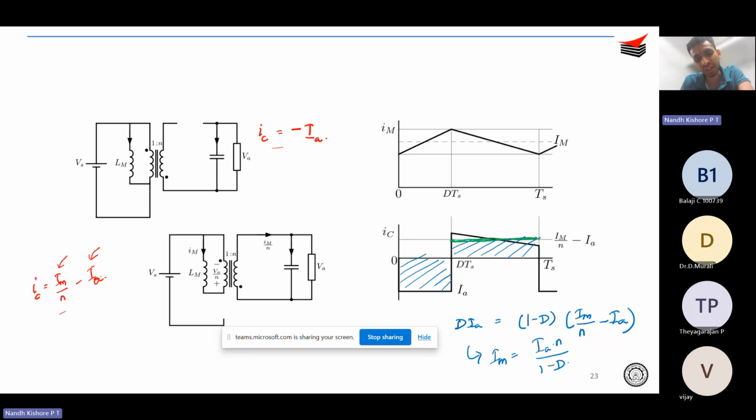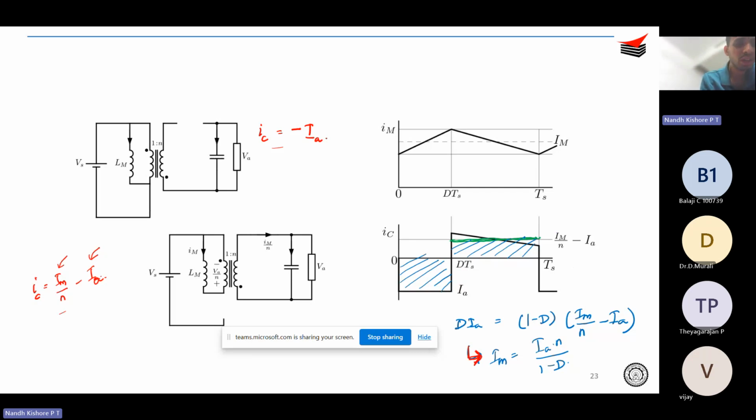Okay, and what we are doing is we are applying capacitor charge balance, that is the area of IC into T should be same, right? That is DTS into IA is equal to Im by n minus Ia into 1 minus DTS. So TS are cancelled anyway, and from this you get what is Im in terms of Ia. Ia is your output current.